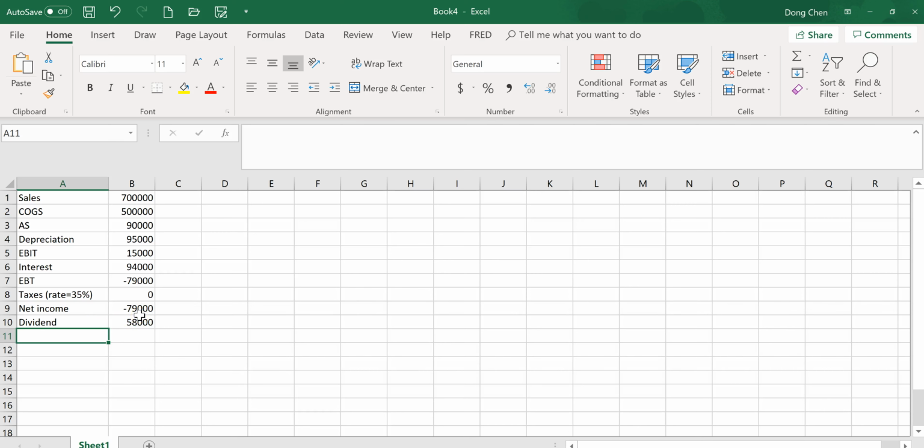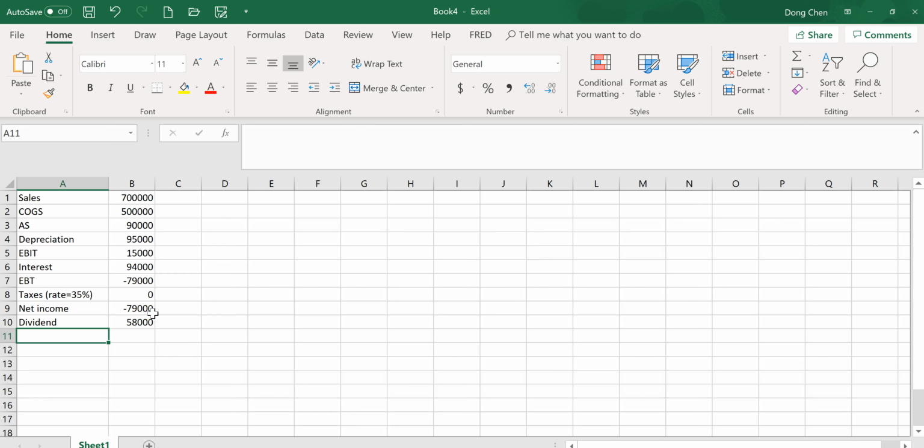But remember, the firm is a cumulative entity. So this one single year's number doesn't tell us how much cash the firm has. The firm may have more than $58,000 in its cash balance.